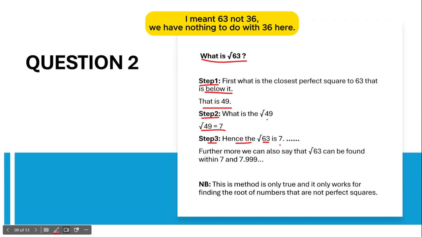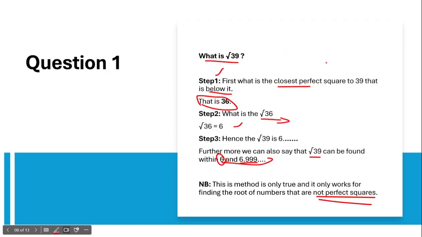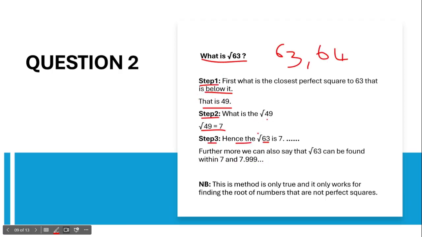Now let us use that observation we had before. We saw that 63 is closer to 64, which comes right after it. So the root of 63 can be found within the range of 7 to 7.9.